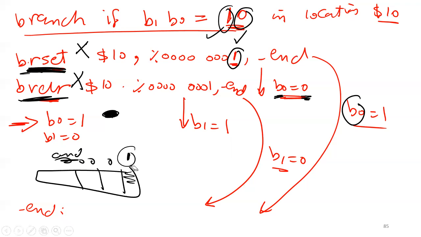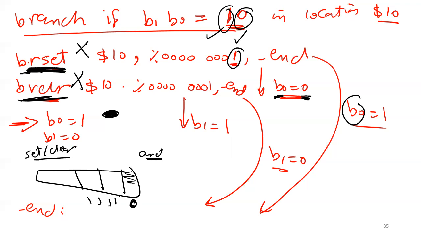I think what's confusing you is whether you want to set some bits or clear some bits, because this is different. For example, if I do an AND operation to clear some bits, the bits I want to clear I have to put 0, and the others I have to put 1s. If I want to set some bits, I have to use OR, I have to put 1 on the bits to set and 0 on the others. Maybe this is what's confusing you.